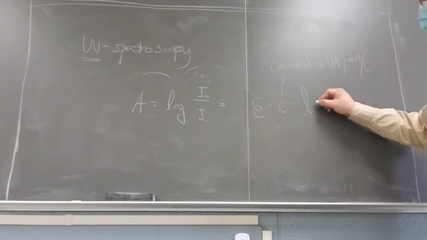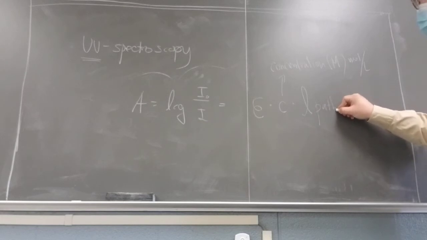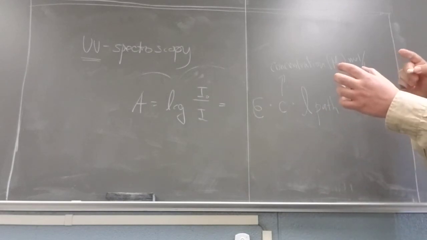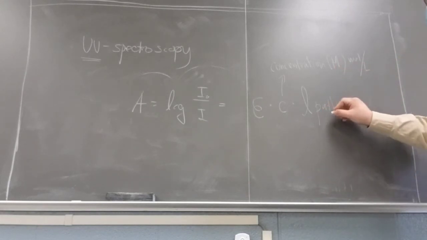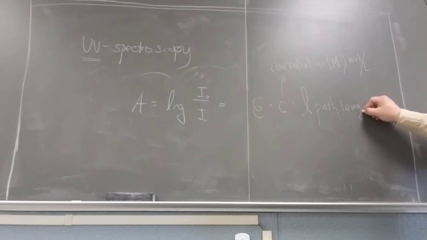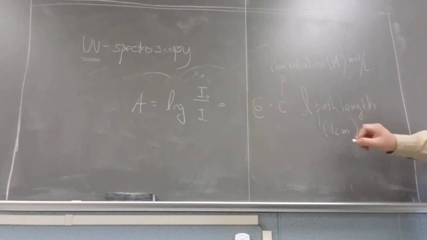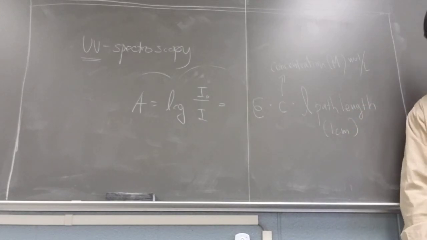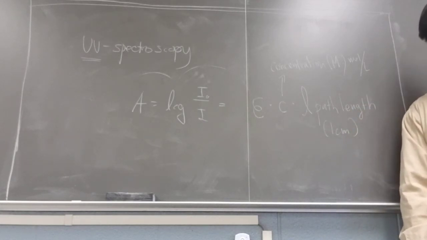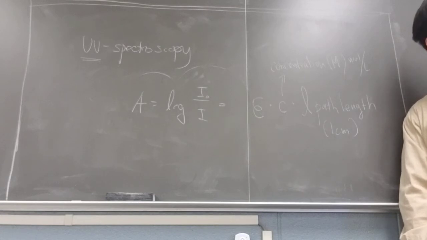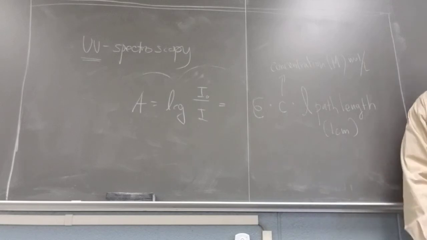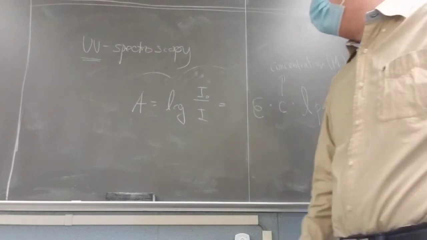Path length is literally how long the light will pass through. We call this the path length, and usually we use 1 centimeter. Have you ever done this in a bio lab? You know how big your cuvette is, right? A cuvette is about 1 centimeter long. That is why this is the standard for the absorbance here.